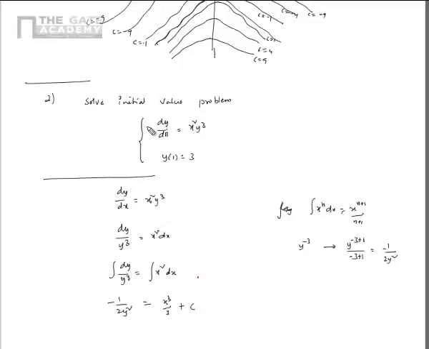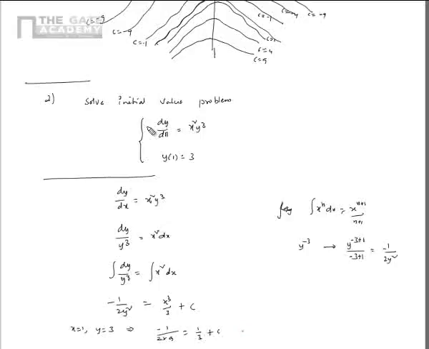So if I now want to rearrange this, let's first just find out the constant value. So at x equal to 1, y is equal to 3 implies minus half into 9 is equal to 1 by 3 plus c.